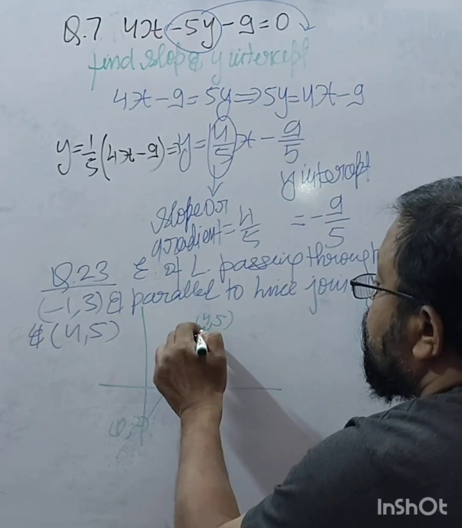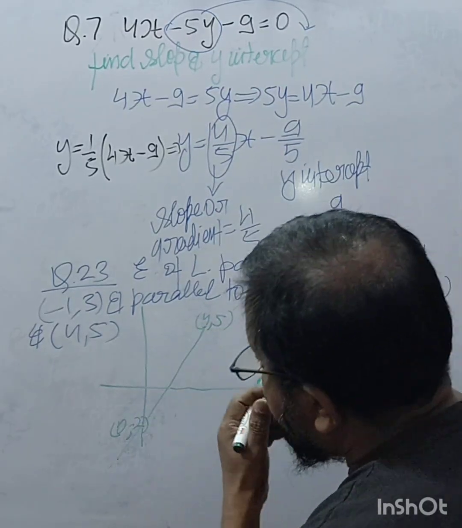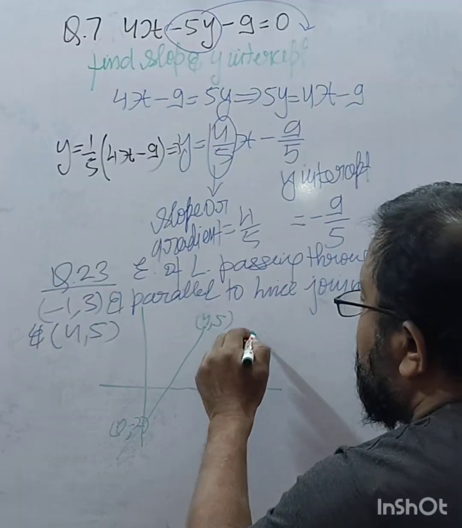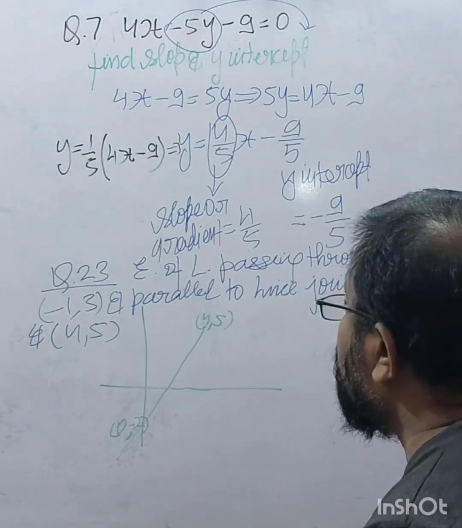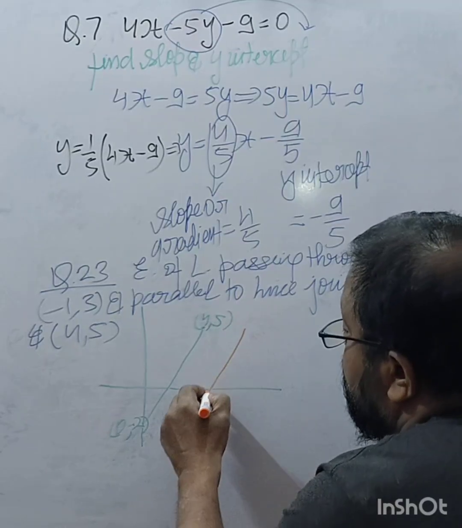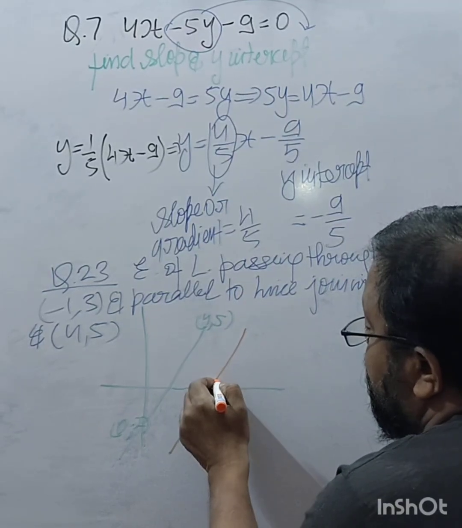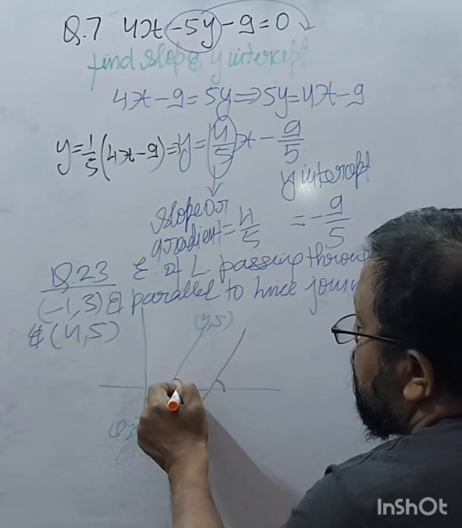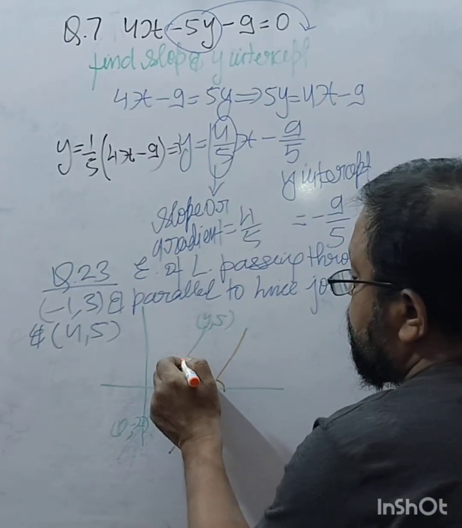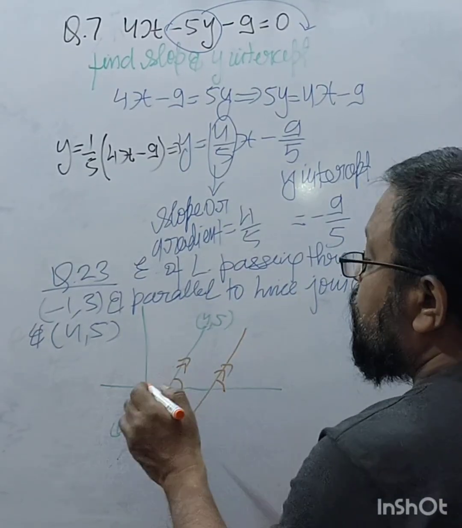Another one is 4 comma 5. Now there is one more parallel line. These lines are parallel.